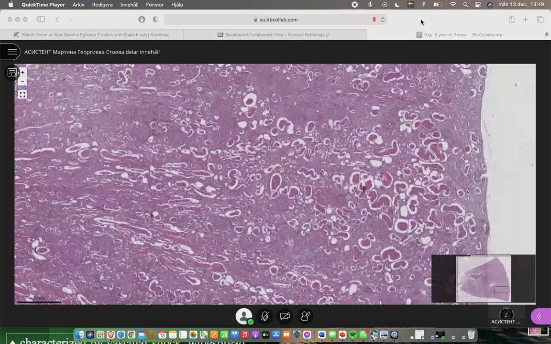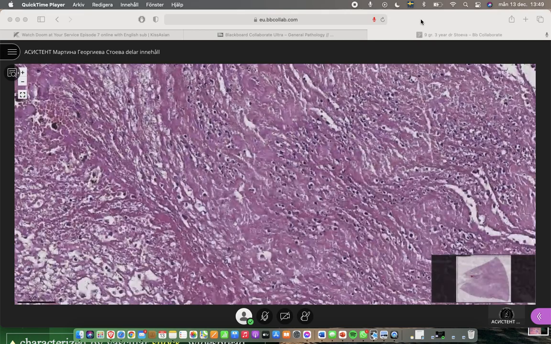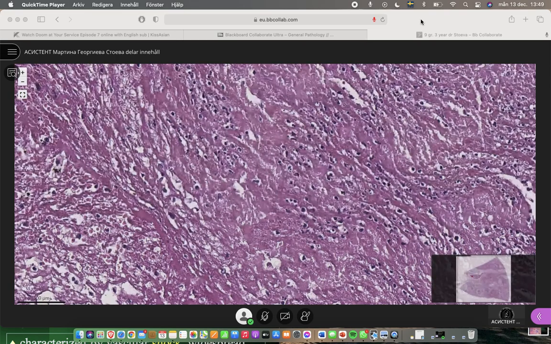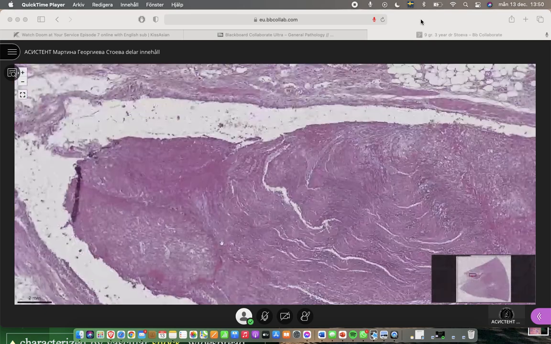But the thing is that it is composed of a meshwork of fibrin strands intermixed with red and white blood cells. So, as we saw in the morning, this is the quite characteristic morphology of a thrombus. Or, again, I'll repeat, it could be a thromboembolus.